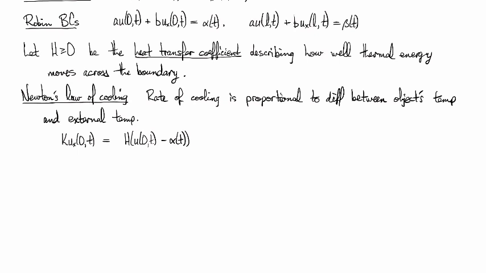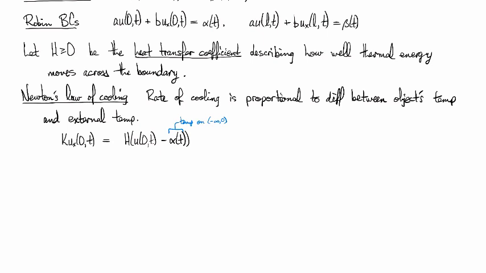So in this case here, we've got that this alpha is going to be the temperature on the interval from minus infinity to 0, right? So that's the ambient or external temperature at the left endpoint of the bar.